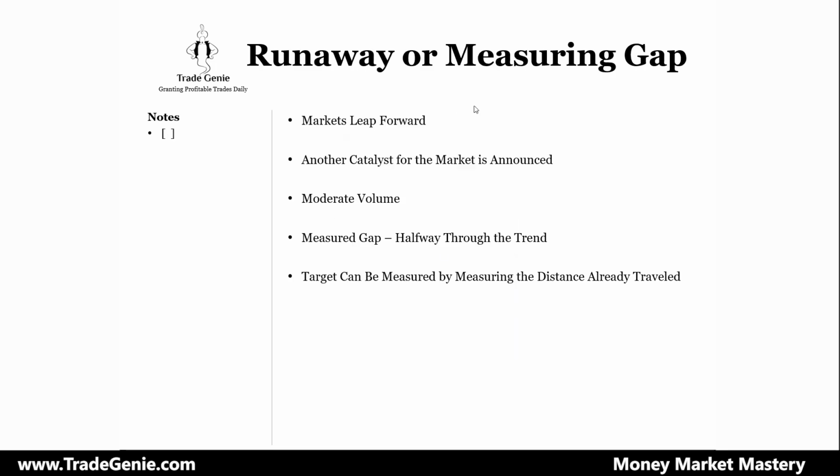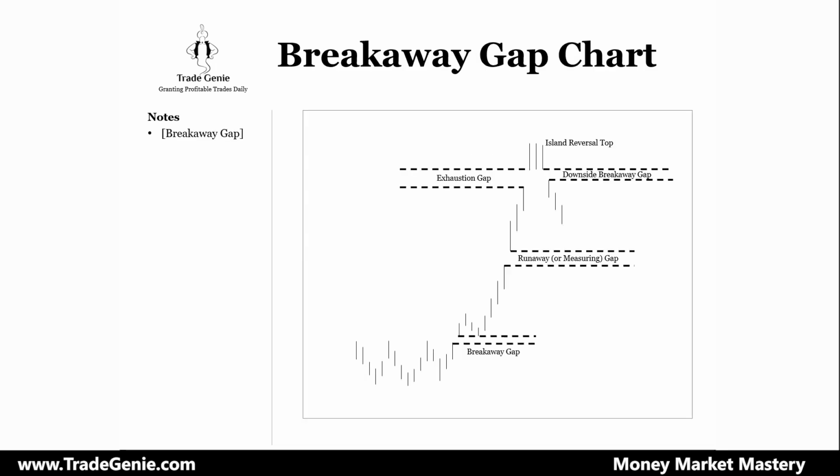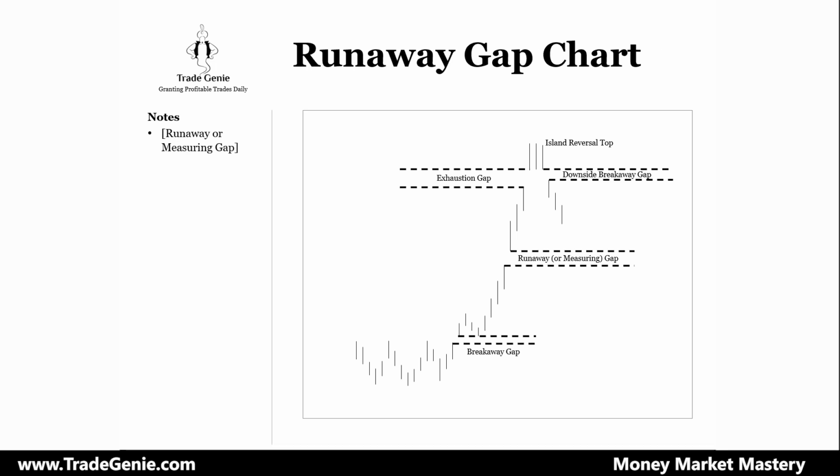So what is happening? The market leaps forward, another catalyst. Some other news is coming. And then the volume is low. The volume is not as high as the breakaway gap. And then where you see this gap will move, if you're trying to estimate, it's easy to understand the target when the market has traveled to an area where it has traded before, but it's hard to figure out the target where it's going if it has not traveled in that zone before.